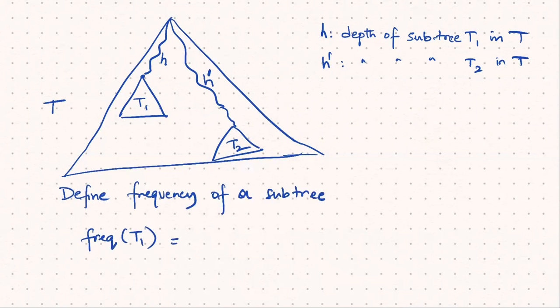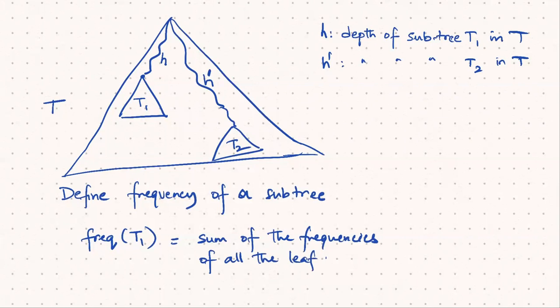The subtree T1 is to be the sum of the frequencies of all the symbols, or of all the leaf nodes in that subtree T1.